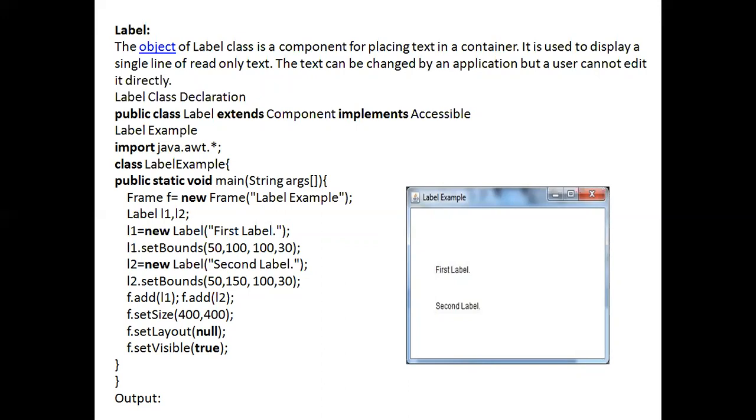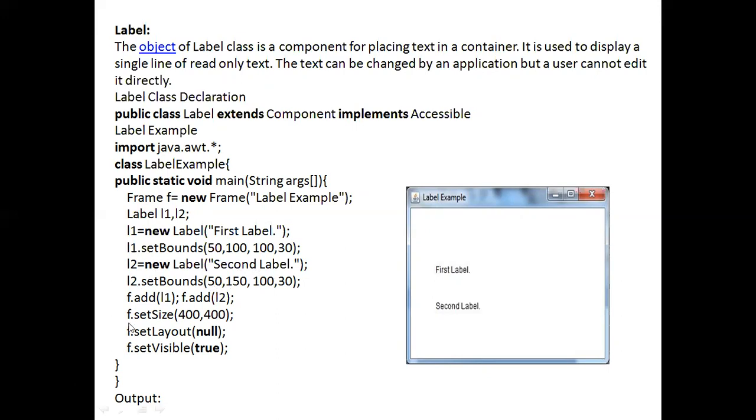The first label's boundaries are 50, 100, 100, 30: x, y, width, and height. The second label is new Label, with size 50, 150, 100, and 30.